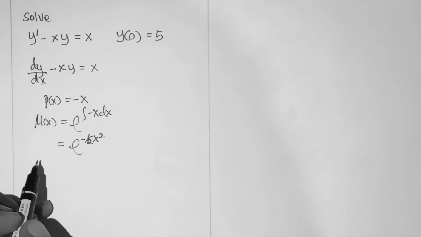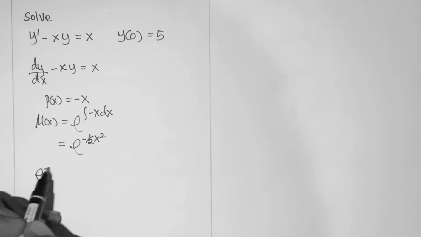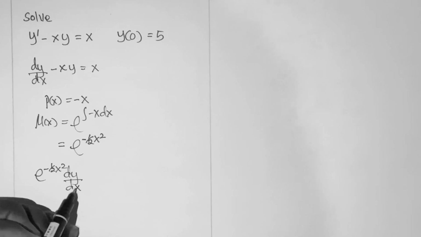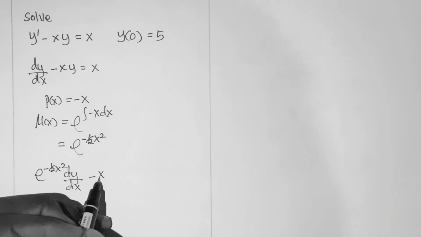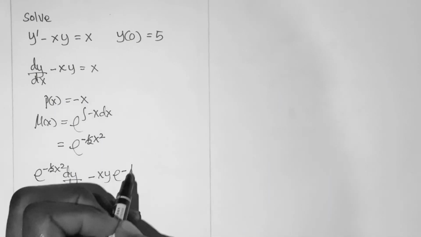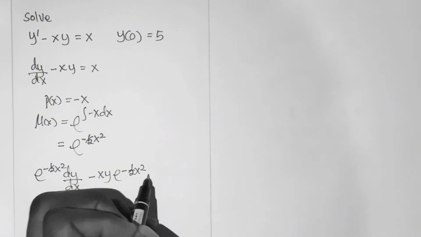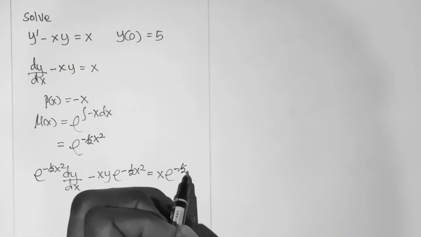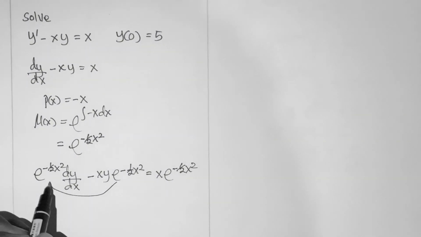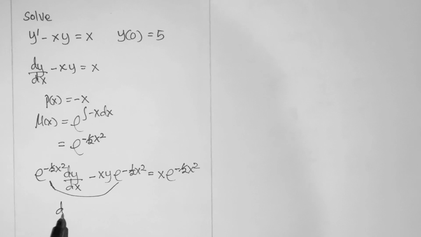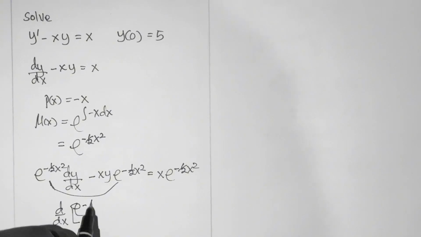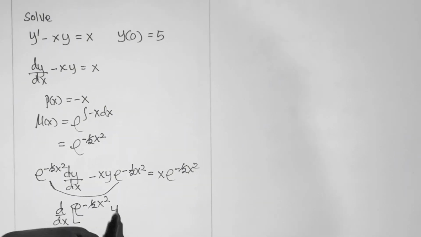So let's multiply through. So it becomes exponent minus half of x squared dy dx, then minus xy exponent minus half of x squared is equal to x exponent minus half of x squared. So all of this is the same as d dx of exponent minus half of x squared y.